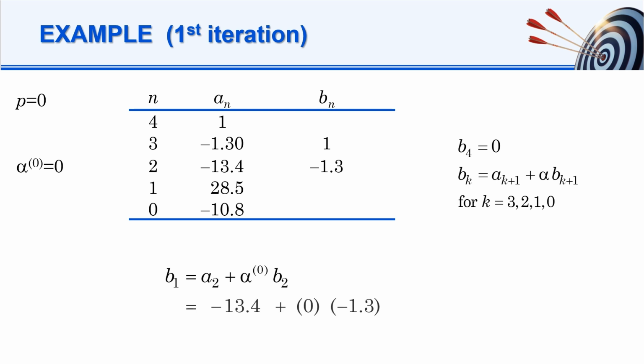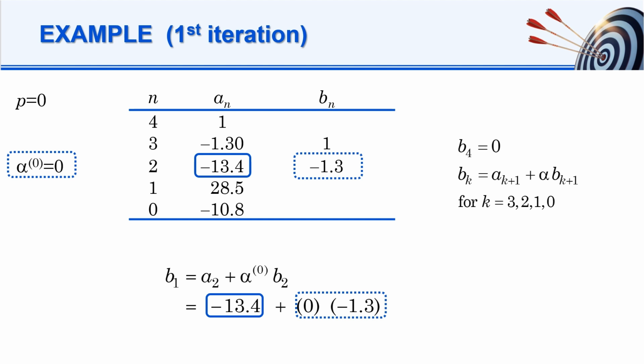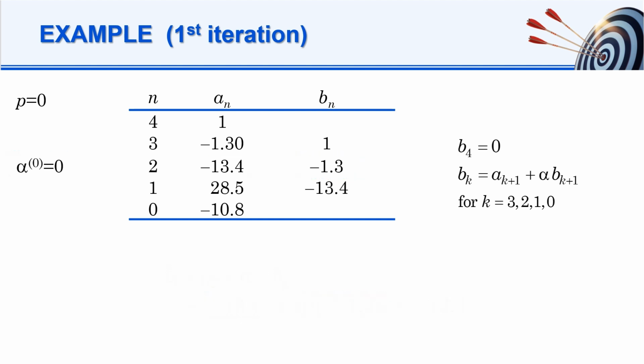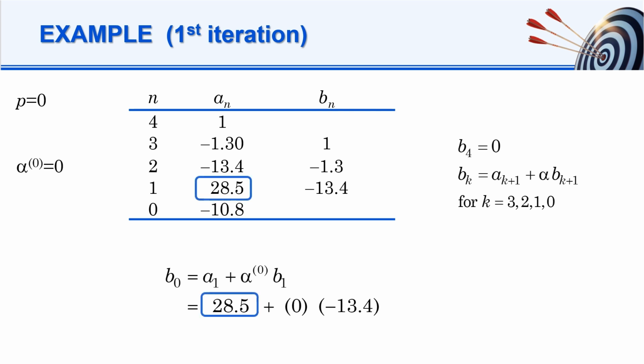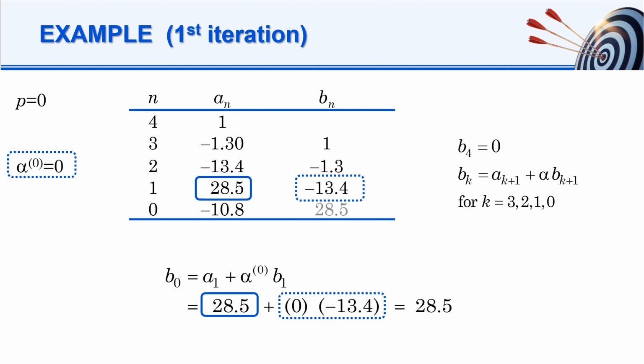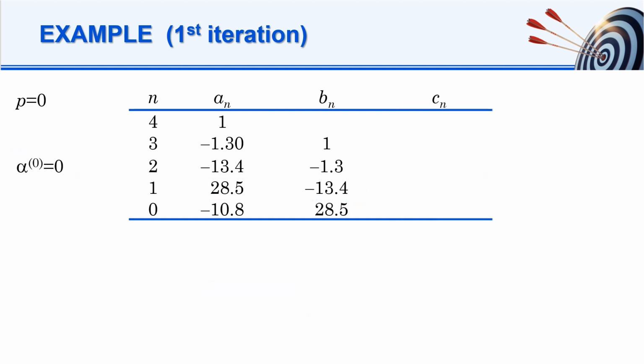Substituting the numerical values for a2, b2, and alpha 0, b1 is found as minus 13.4. And finally, for k equals 0, the relationship leads to the following expression. We substitute the numerical values for a1, b1, and alpha 0. We obtain b0 as 28.5.